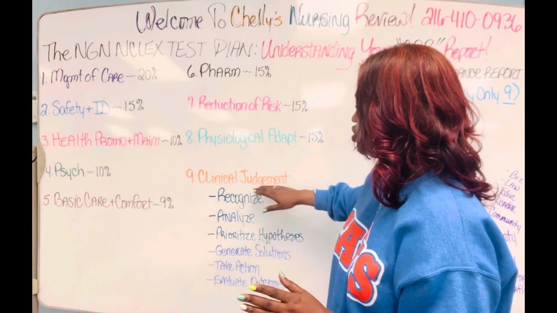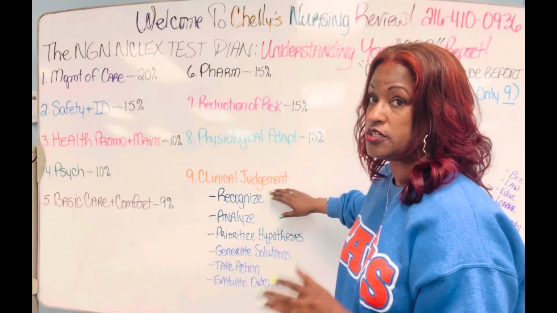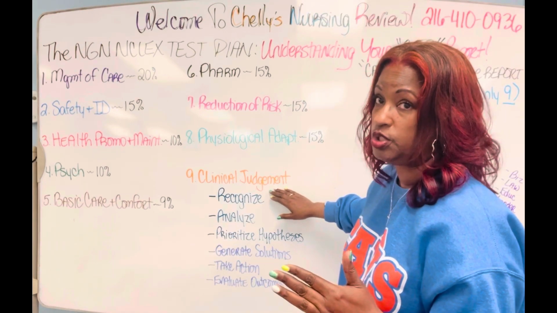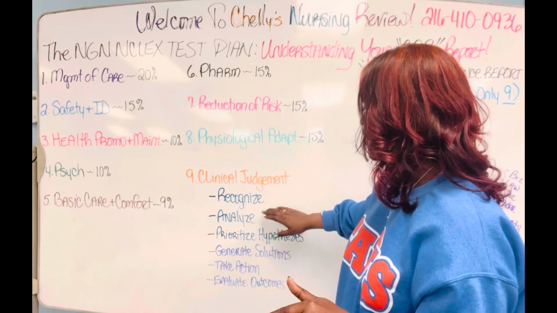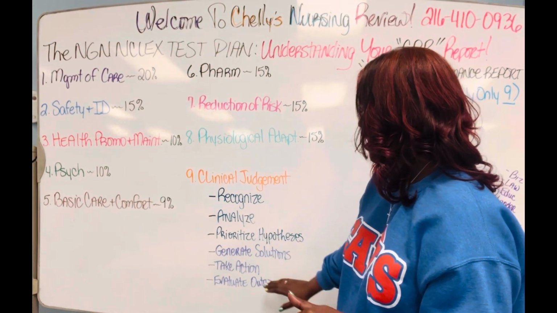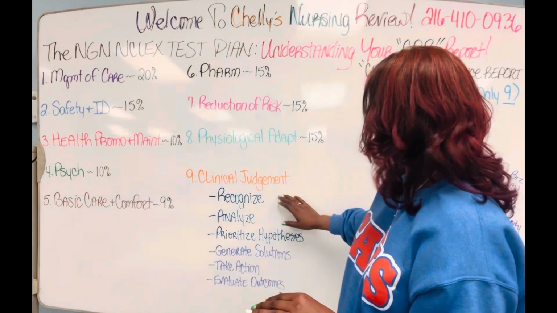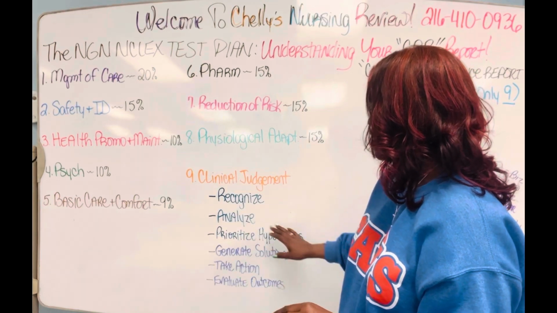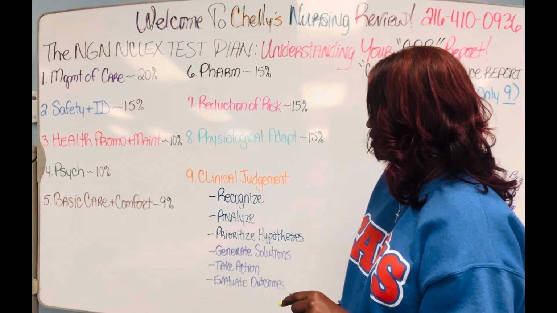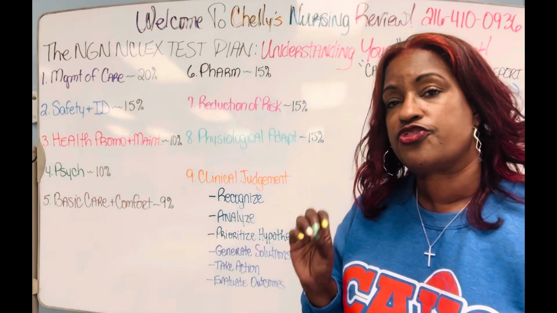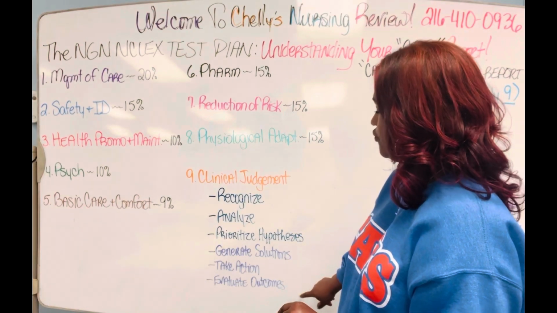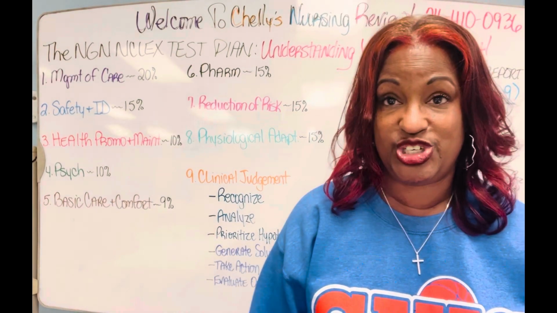The clinical judgment portion of your test for the NGN test plan is going to include all of these: recognize, analyze, prioritize, generate solution, take action, evaluate outcomes. So recognize cues, analyze cues, prioritize hypothesis, generate solutions, take action, evaluate outcomes. The first three are you thinking. The last three are you doing.